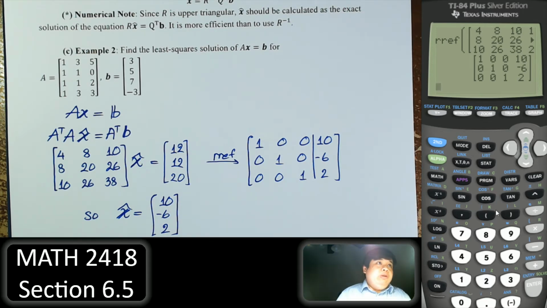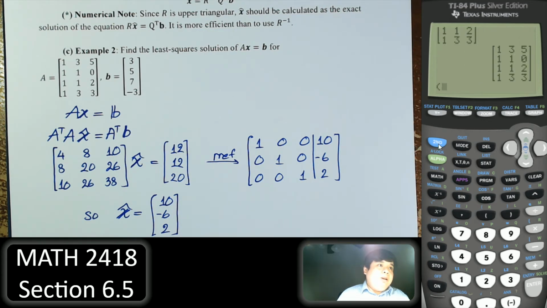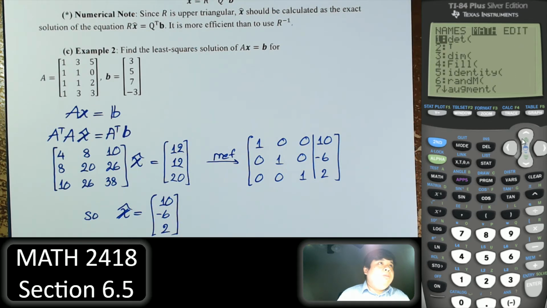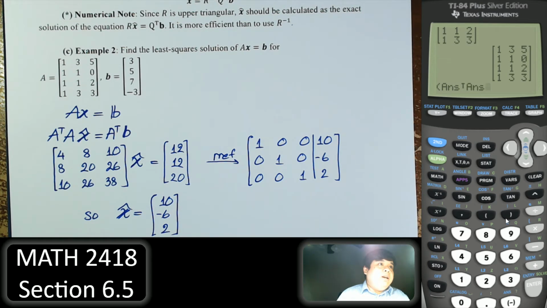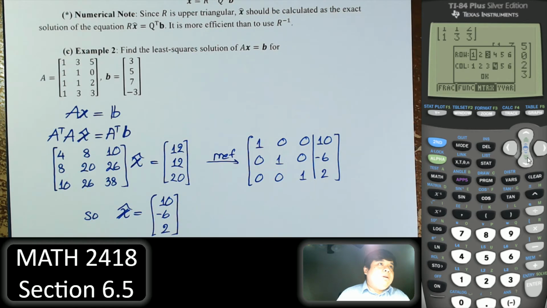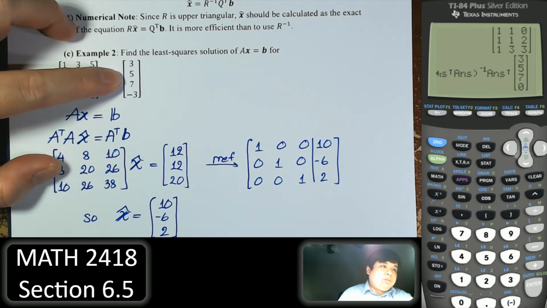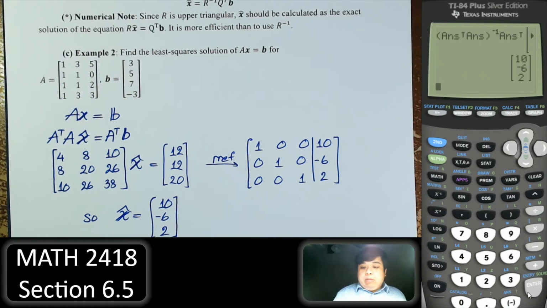Of course, we can also use the pseudo inverse. That is the matrix A, so A transpose A, the inverse of that, times A transpose, times B. Okay, first we have the same thing.